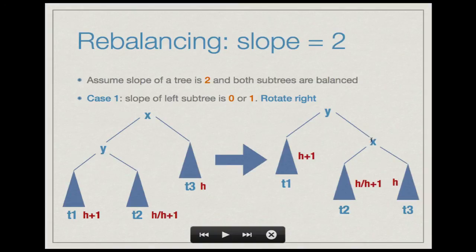So the height of the right subtree is either h plus 1 or h plus 2. So in doing this rotate right, we have managed to bring the slope from 2 to either 0 or -1. This is for the root node. For the right subtree, the slope is just +1. So the new tree that we get is height balanced.